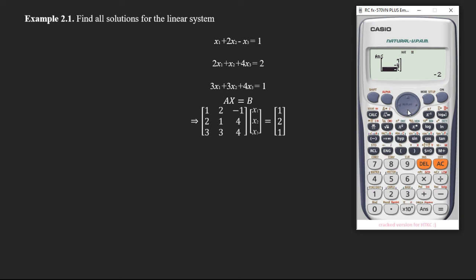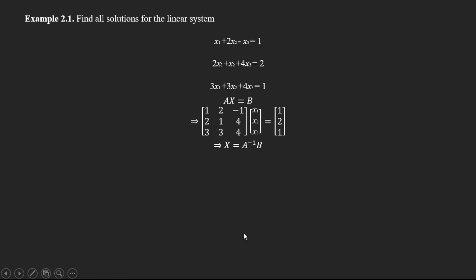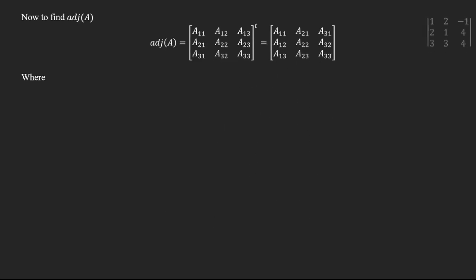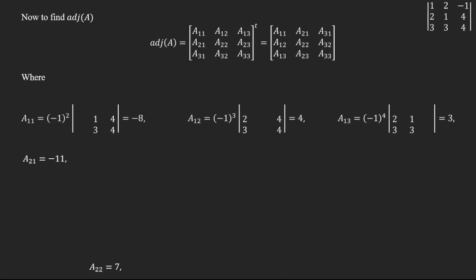So very easily you can find the root of a system of three linear equations using your calculator if you know the inversion method, where we find the solution by multiplying A inverse with B. Also you can find the adjoint of A and the determinant of A by using your calculator.